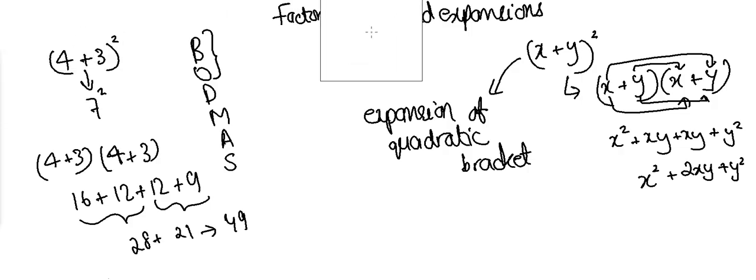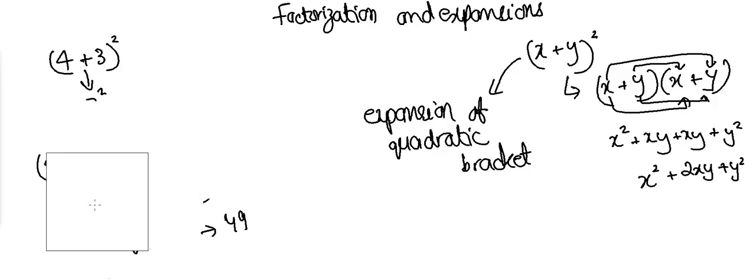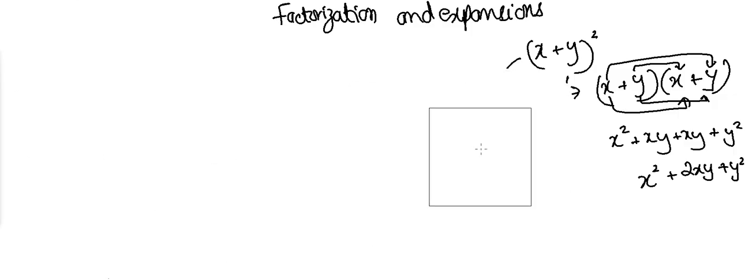Can I erase everything? Okay, that's great. Let's move. Okay, so for example, we have an expression of 4x minus 12, right? We have this expression. There are two steps that we need to do.